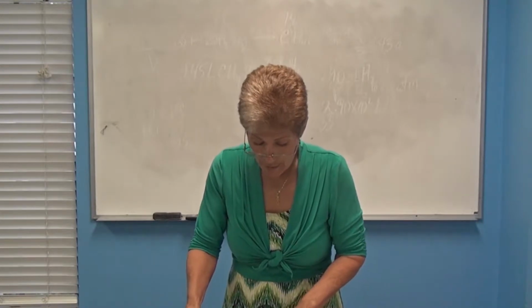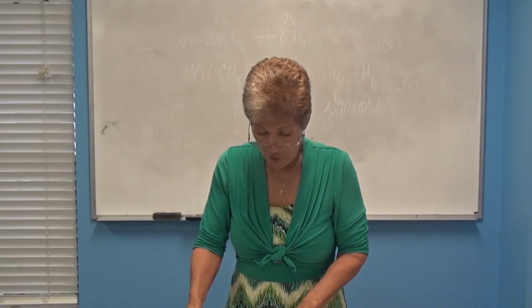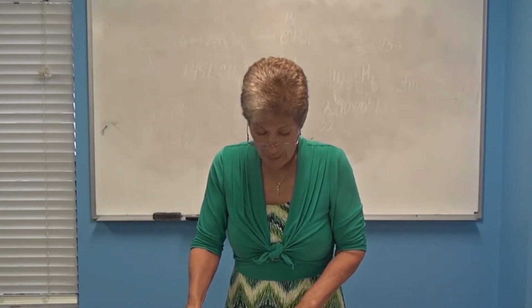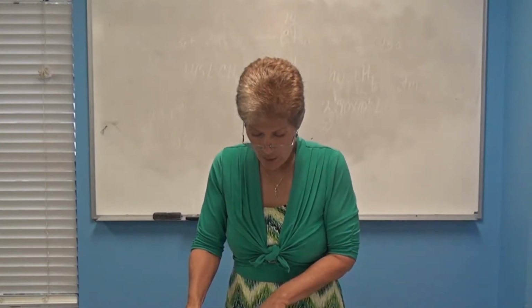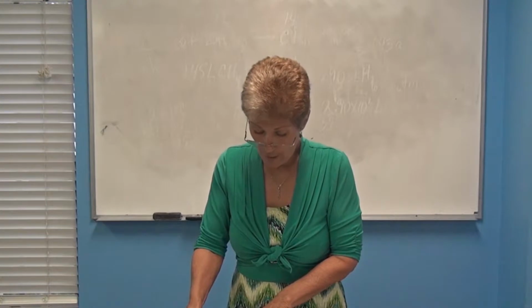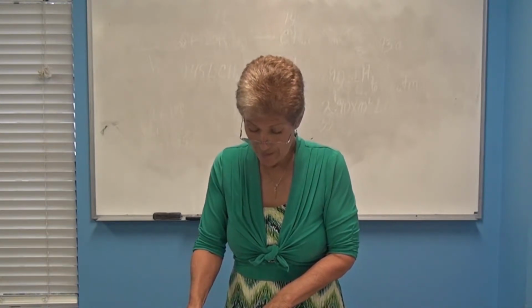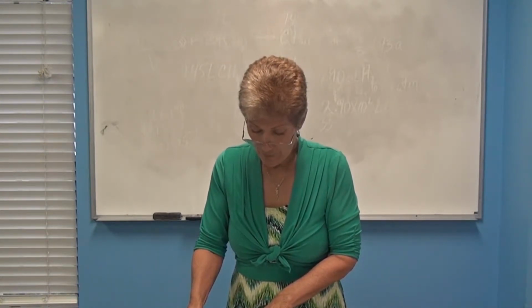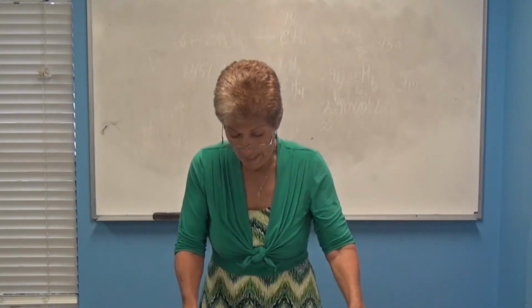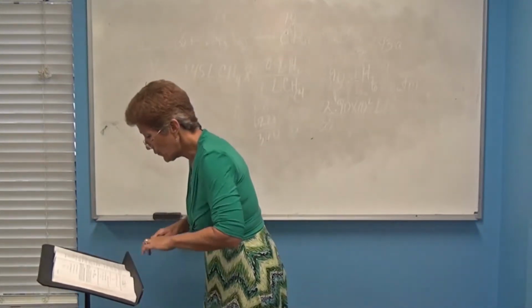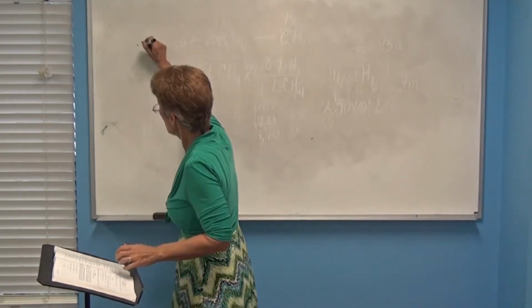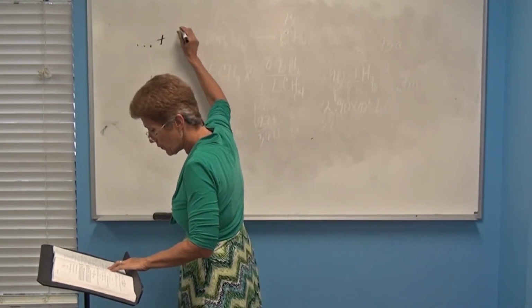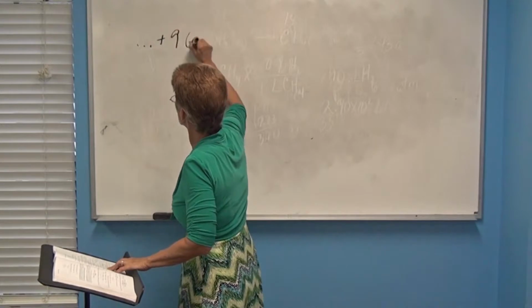Let's see. Number 10. The following reaction is done at STP. If 145 liters of oxygen are added to excess As2S3, I'm pretty sure it's arsenic, but I'm not exactly sure, how many grams of that product will be made? Okay, so we have here dot, dot, dot, plus we have oxygen.